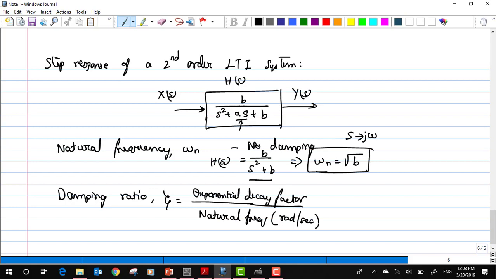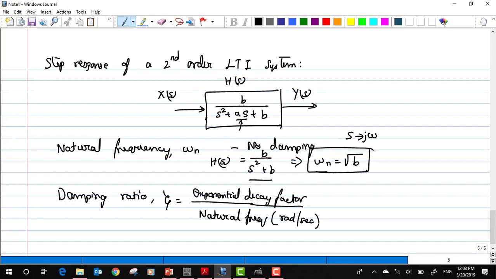From the first order system response, we had something like a, right? How does this a sit in its output y of t? e to the power minus a times t. That is nothing but the exponential decaying factor.